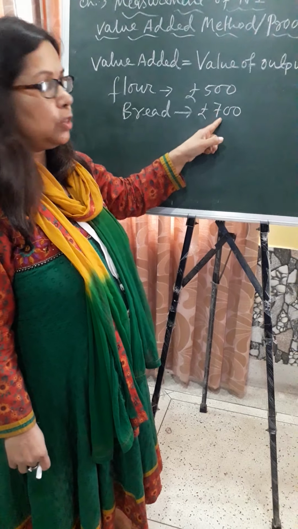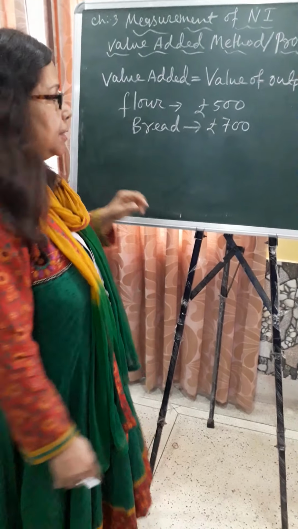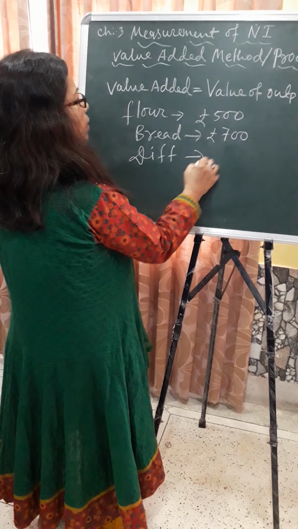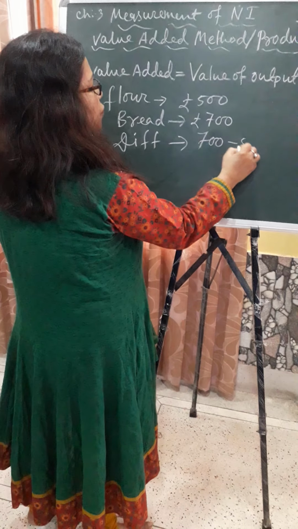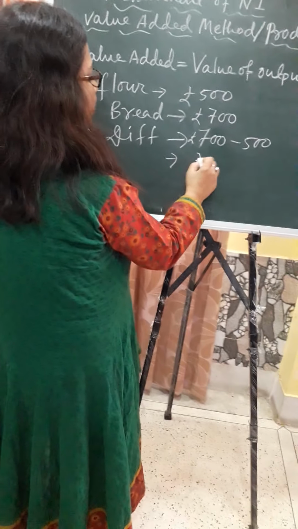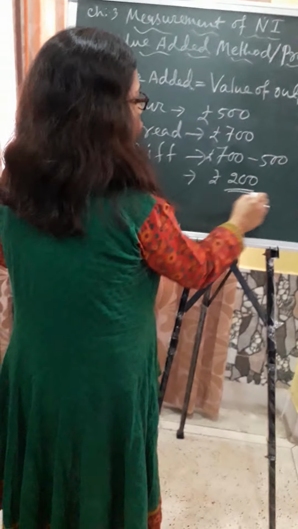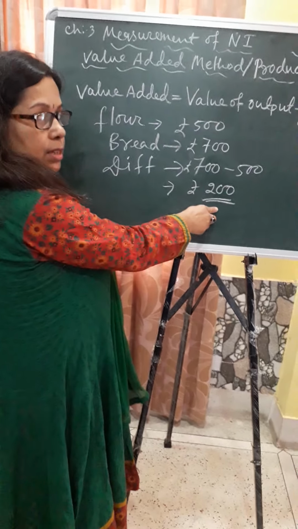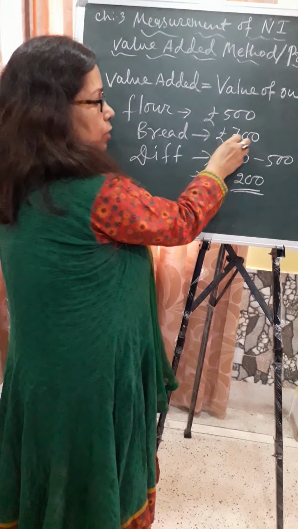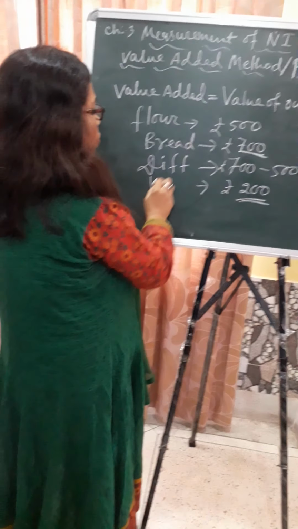So the difference between 700 and 500: 700 minus 500 equals rupees 200. So this is 200 added. Rupees 200 is added to 500, and then the final value is 700. So it is value added.